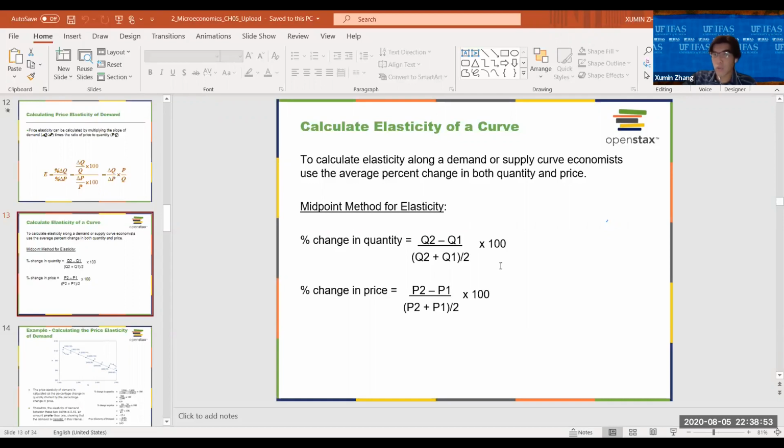We take the difference of the quantity, find the midpoint, and then get the percentage, right? The same applies to the price. We find the difference, find the midpoint of the price, and calculate the percentage. Once we get the two percentages, we use the percentage change of quantity over the percentage change of price, and then we can get the elasticity.